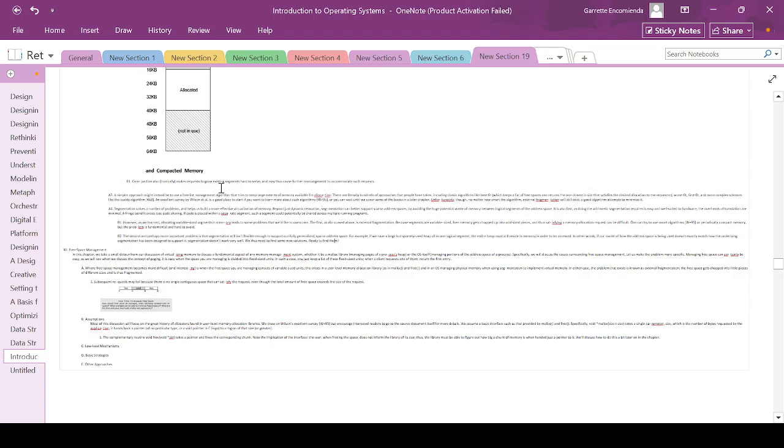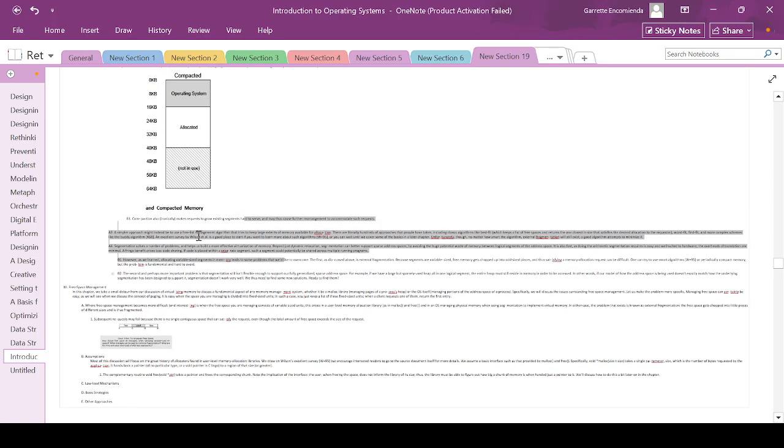So compaction makes the request for growing a heap, for example, or a segment hard to serve, and may thus cause further rearrangement to accommodate such requests. You need a rearrangement to satisfy that request.